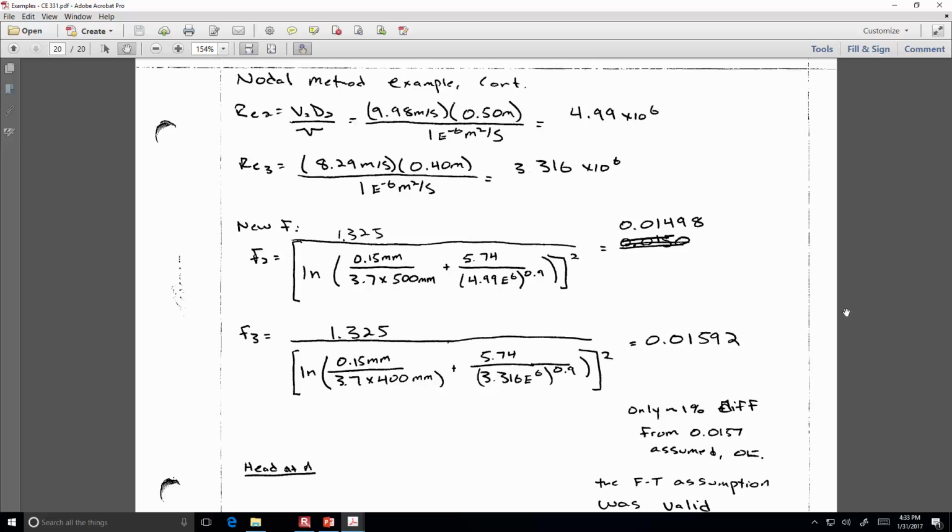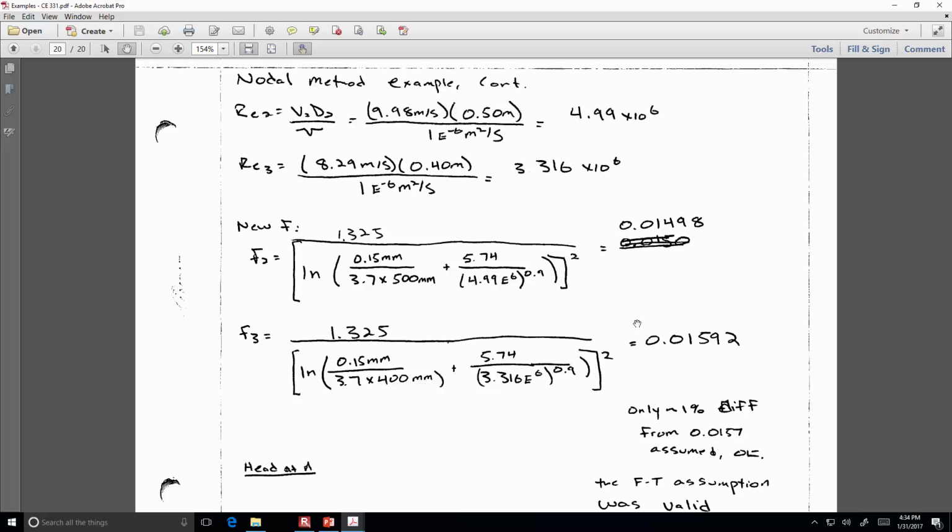So for pipe 2, the f value there was 0.01493 instead of 0.01498. So we're golden there, and things are also looking good for the other one because it was 0.01567. So it changes very little, so there's no need to do this all over again with these updated f values.